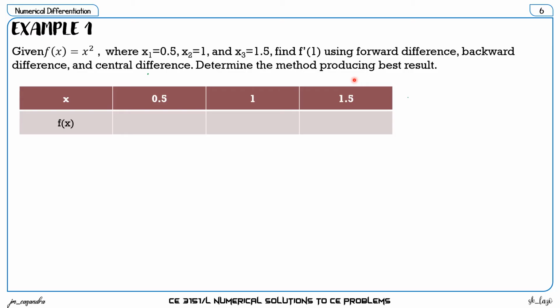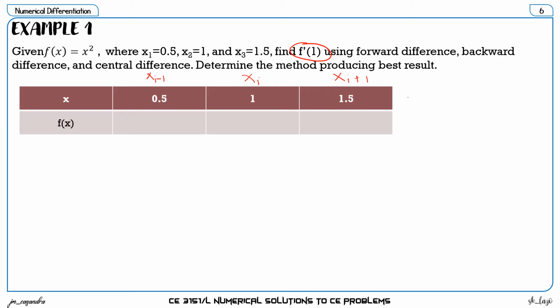We have to determine, as we progress, the method that would yield the best result of the derivative. In this case, what we are to find is f prime of 1, meaning 1 here is your x sub i, beyond it is xi plus 1, and before it is xi minus 1.